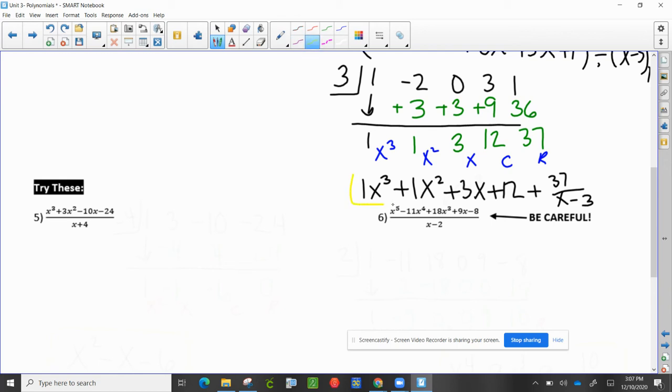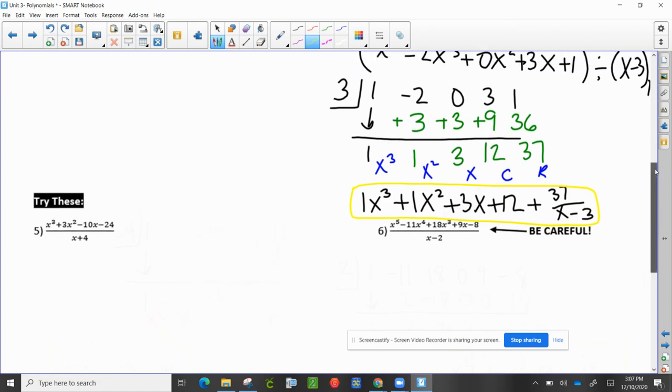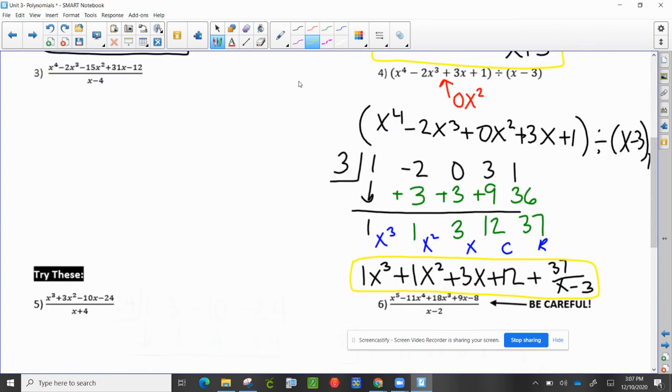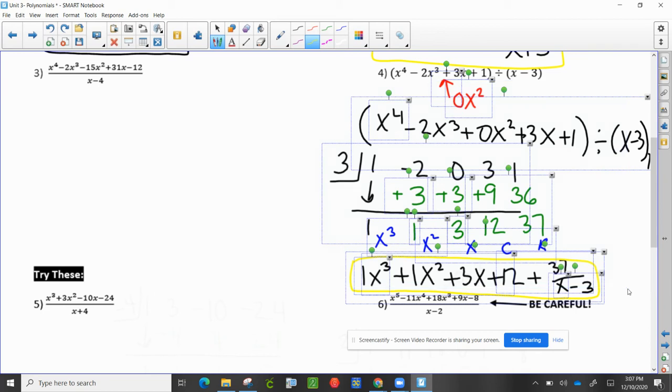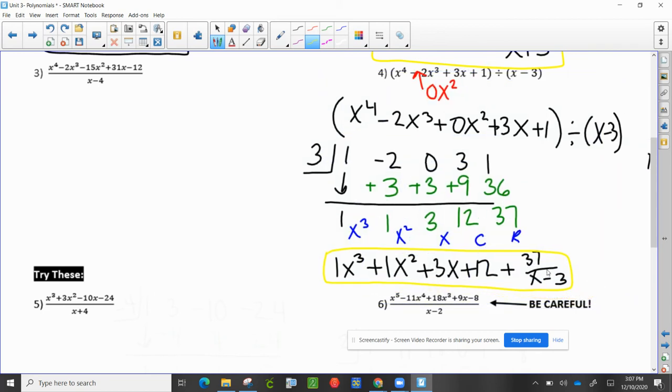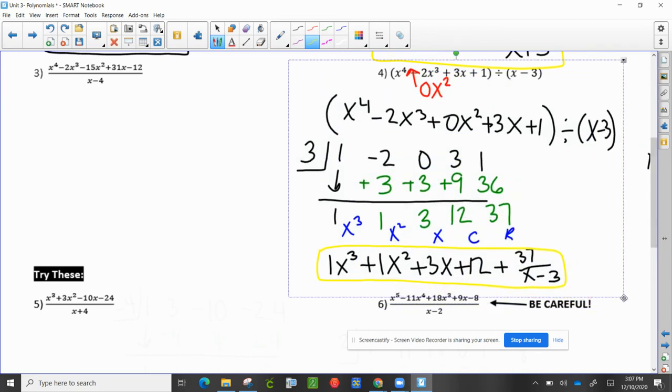So there's my quotient. Okay. So again, double check before you start making your synthetic division. Just go through, make sure there's no missing terms, make sure everything's in the right order, and you should be good to go. I'm just going to group this a little smaller and neater for our notes.